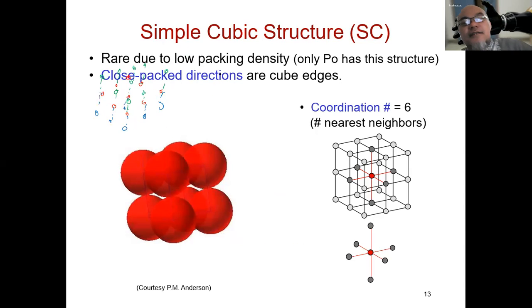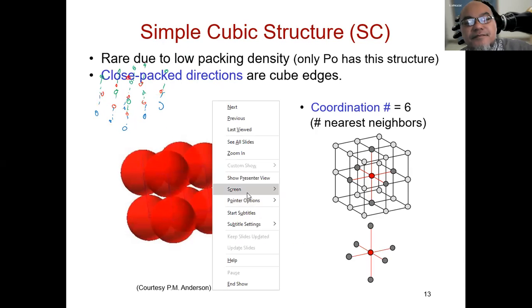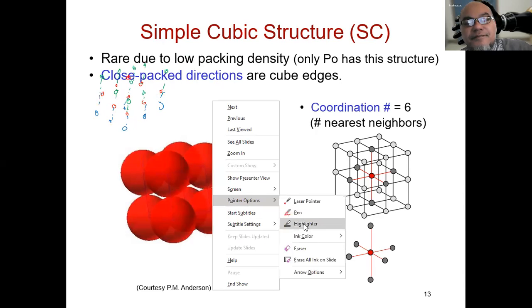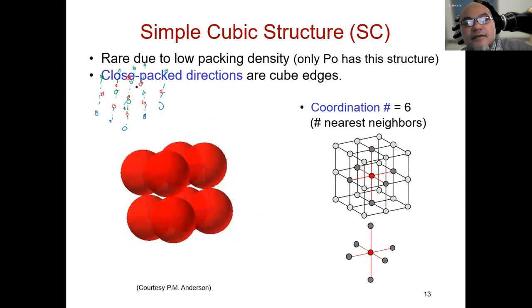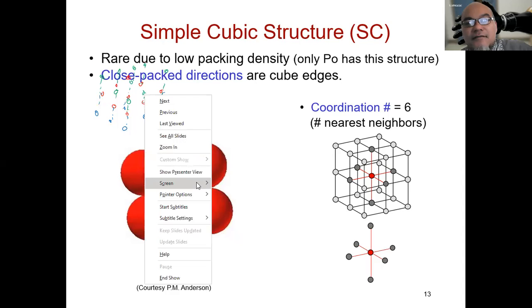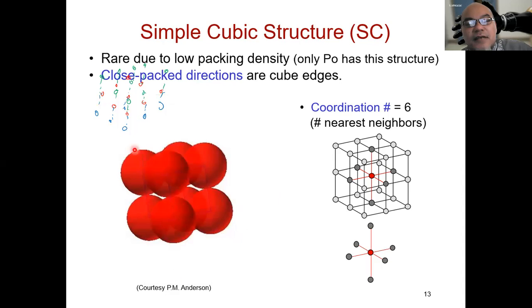So in this case, they are exactly located above one another. So the position of the atom in one layer is exactly above the atom in the other layer. So if we look at it 3-dimensionally like this, it becomes like this.